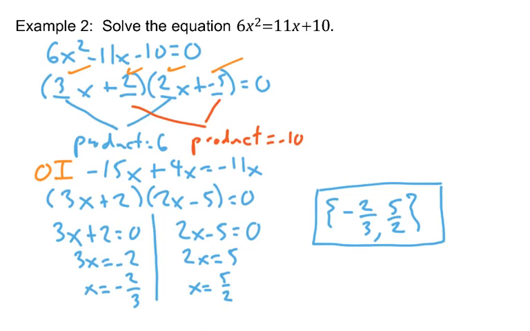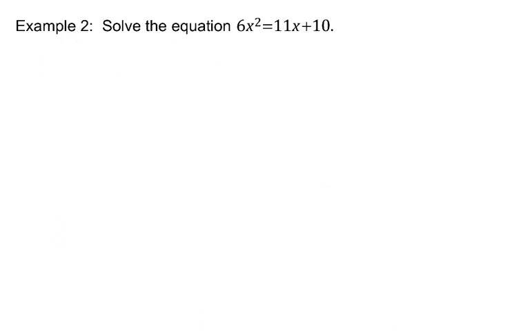So what I'd like to do is work this problem a second time, using the quadratic formula, and show you what that would look like and some pluses and minuses. So let me just clear out what I have written, and we're going to start over using the quadratic formula. Now, you still have to get a 0 on one side, so you still have to say 6x squared minus 11x minus 10 equals 0, and then this would be your a in the formula, this would be the b including the negative sign, and this would be your c.